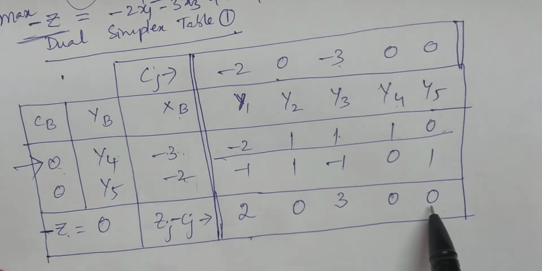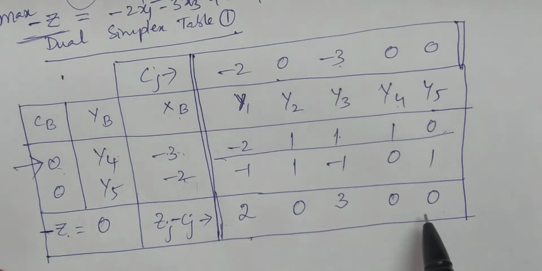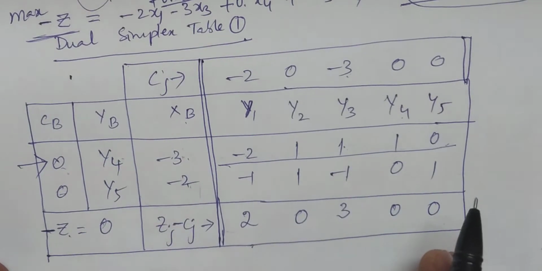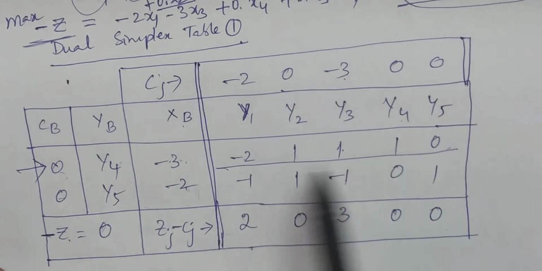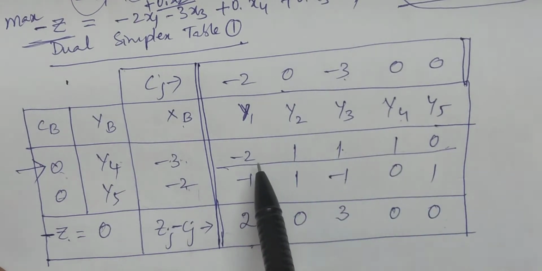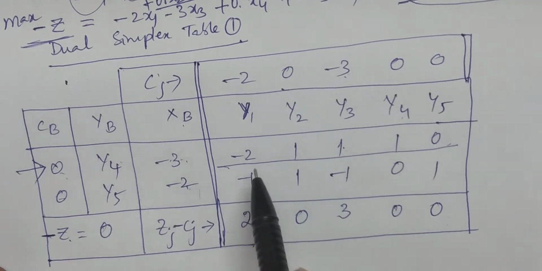By using the net evaluations, zj minus cj by ykj, for which ykj must be less than 0. From all these elements, consider only the negative elements, that is less than 0, and calculate ratios, zj minus cj by ykj, only for negative values.